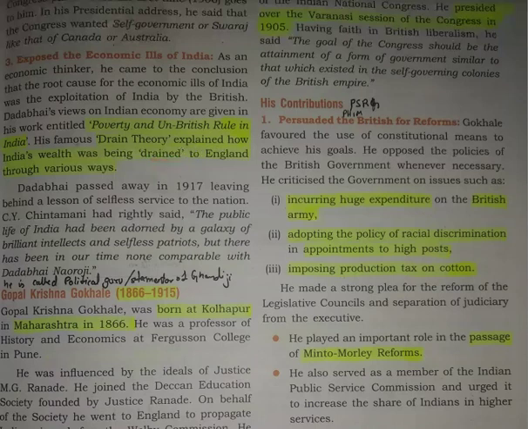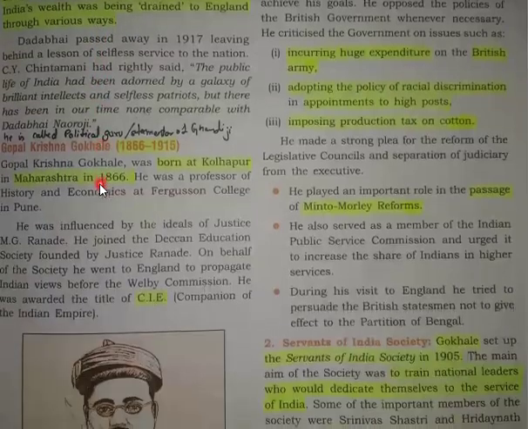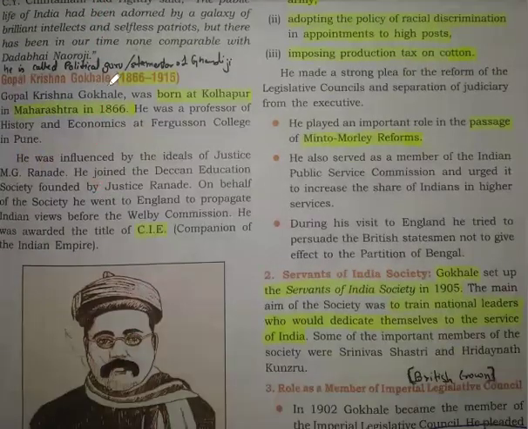This was it. Then we have the next person, Gopal Krishna Gokhale, 1866 to 1915 was his period. Gopal Krishna Gokhale was born at Kolhapur in Maharashtra in 1866.